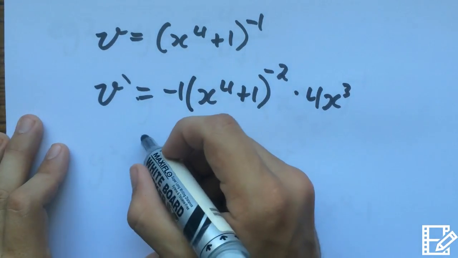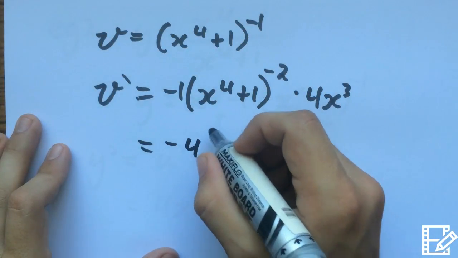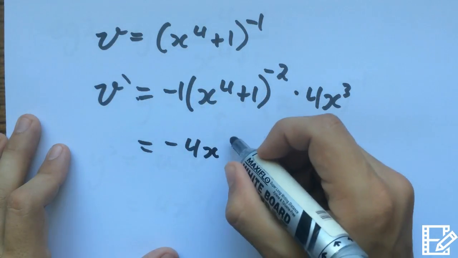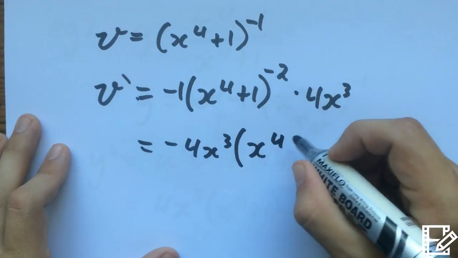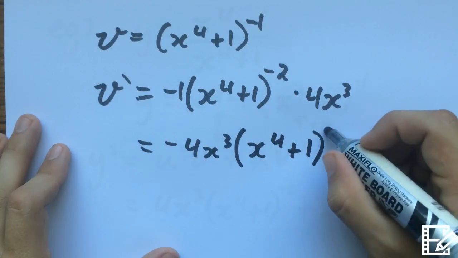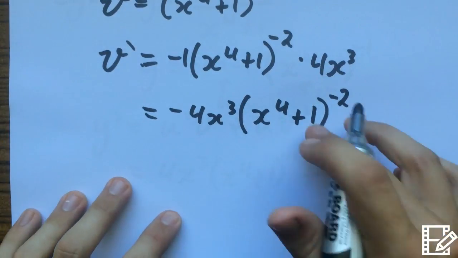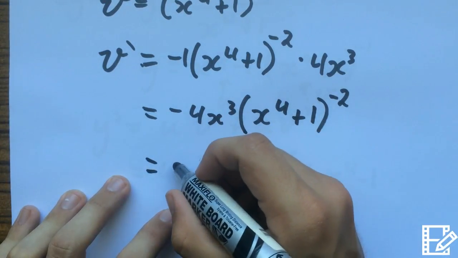So now we're left with this. We can rearrange it and bring the 4x to the power of 3 out the front. Well, because there's a negative 1 here, we'll multiply the negative 1 onto that as well. And what we're left with is this. Now I'm going to simplify it here, just so it looks a little neater, and we can probably fit it in.